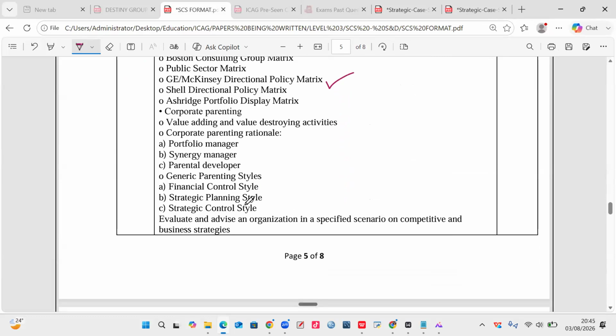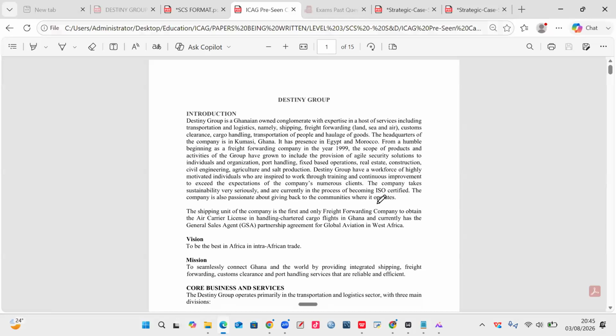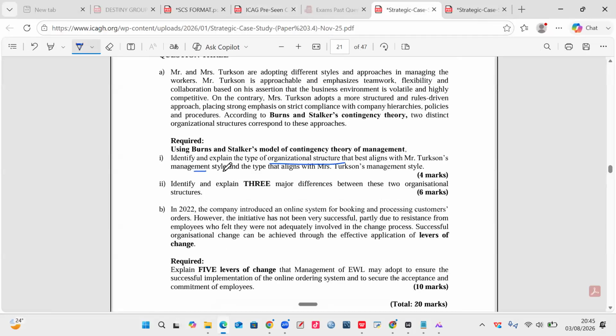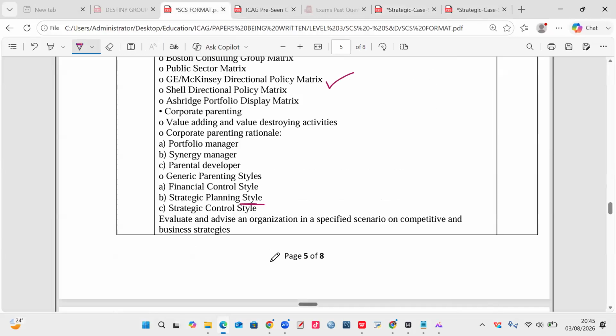You see? Parenting style. So it says something like the management style and the type of organizational structure. Is it a matrix? Is it this? Is it this? So the style, this is the style the question asks on.